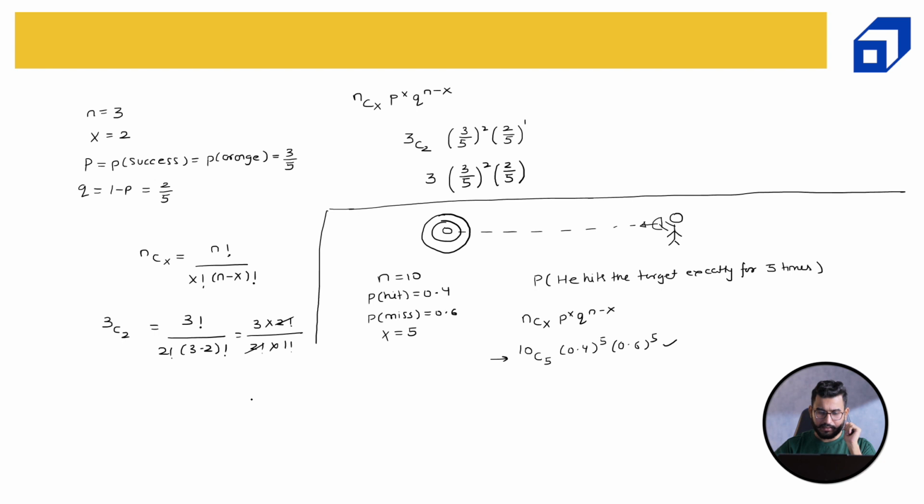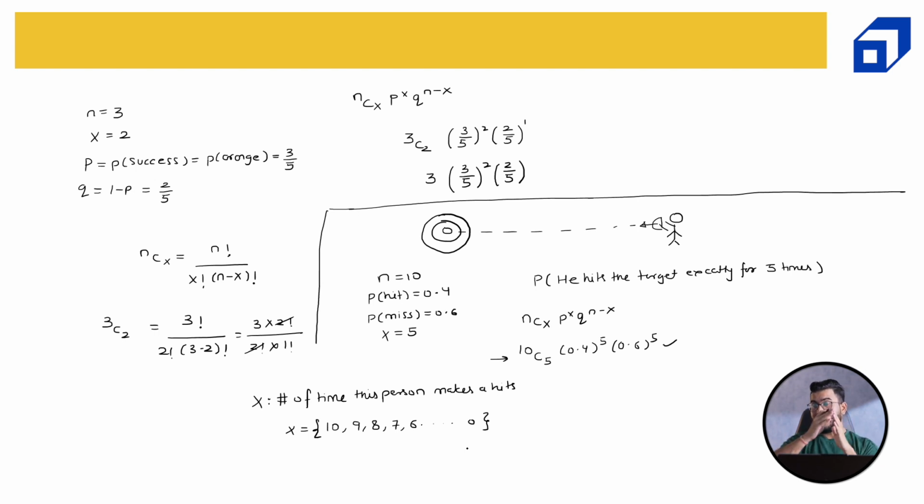My random variable x is the number of times this person makes a hit. Now the person can make a hit all 10 times, 9 times, 8 times, 7 times, 6 times, or maybe 0 times. So these are all the values of the random variable.